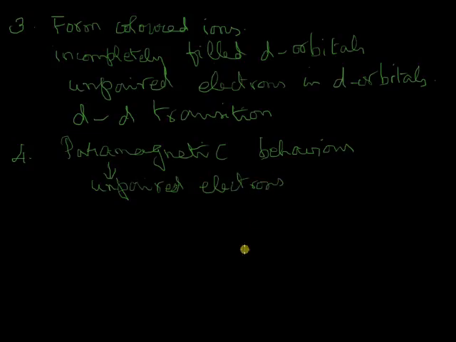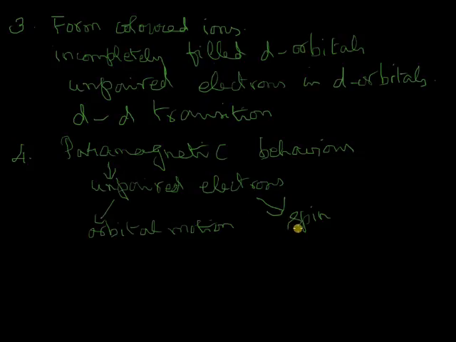Unpaired electrons give rise to two kinds of magnetic field due to their motion. One is due to its orbital motion. The other one is due to its spin. An unpaired electron, due to these two types of motion, creates a magnetic field.